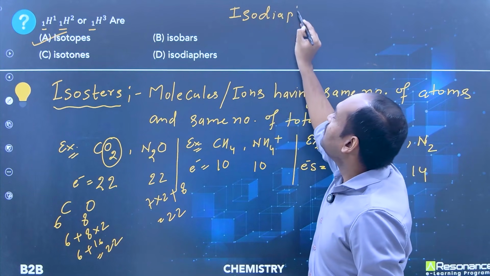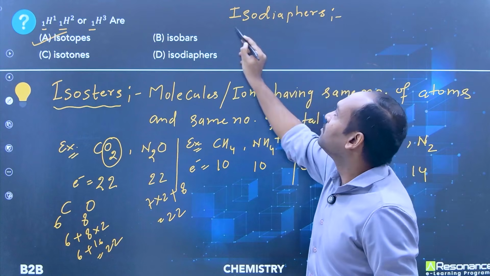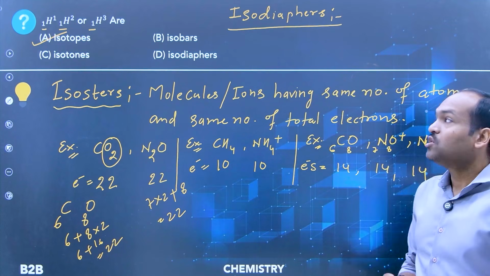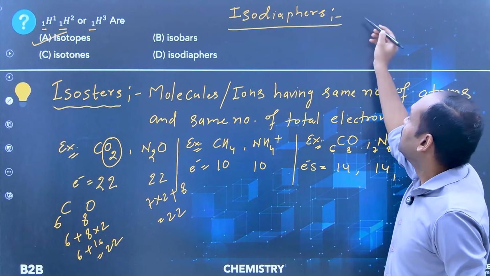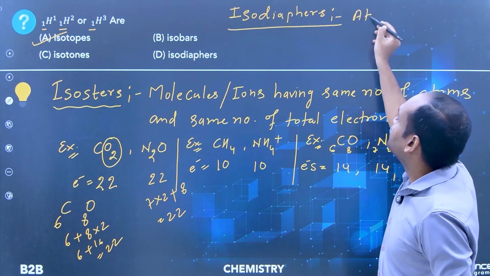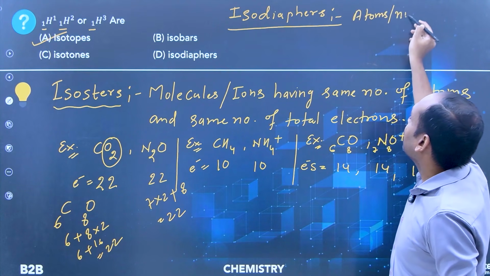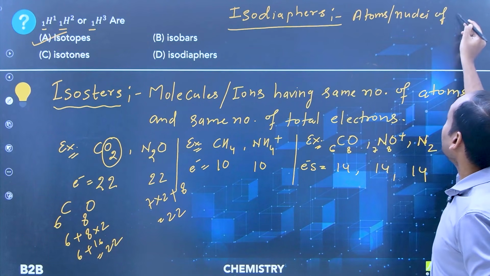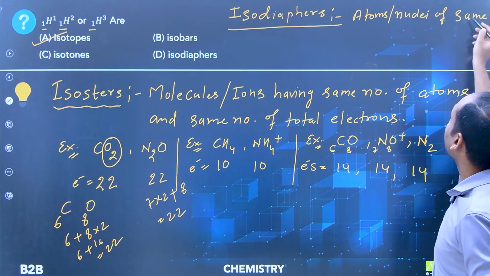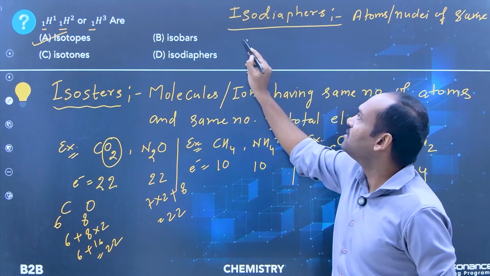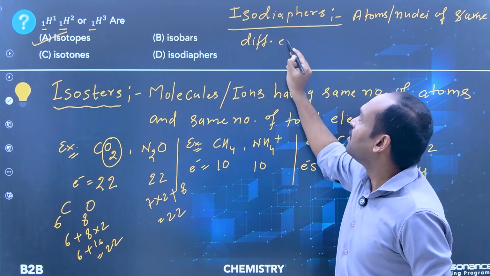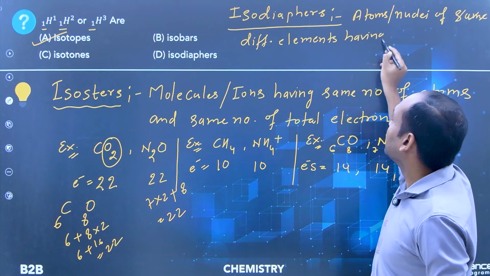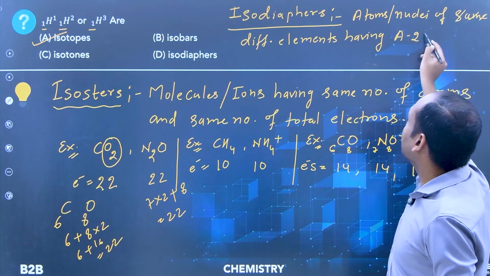Isodiaphers. What is the meaning of isodiaphers? Isodiaphers are atoms or nuclei of different elements having the same A minus 2Z value.